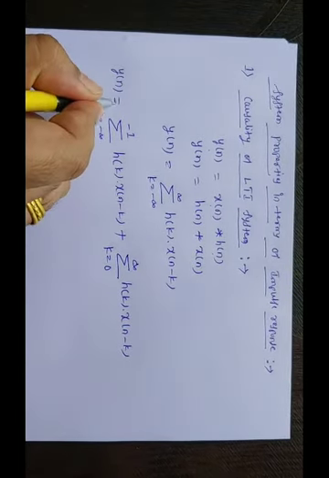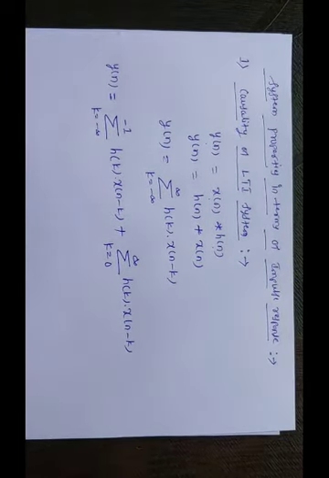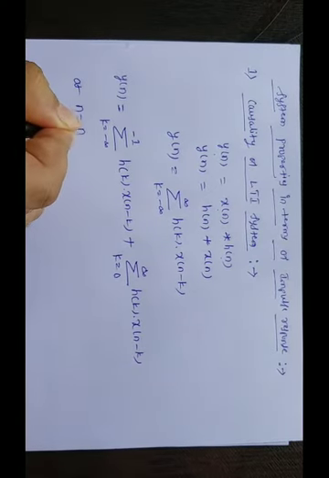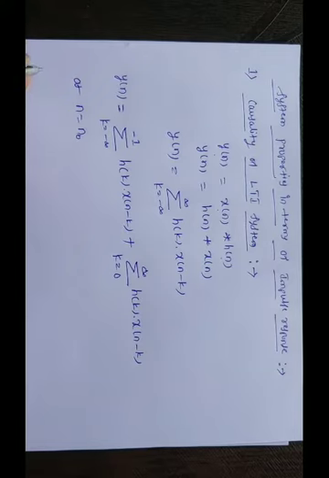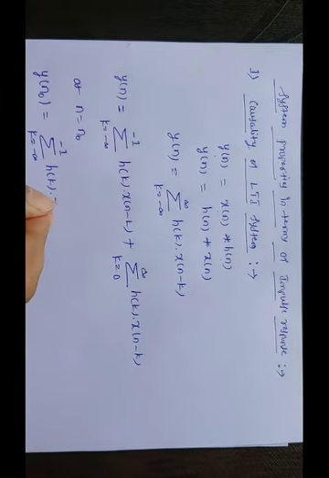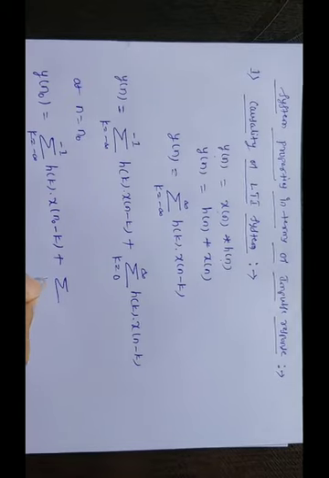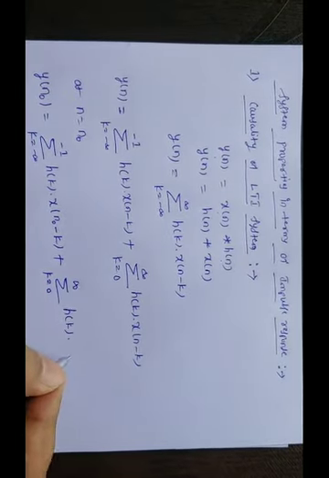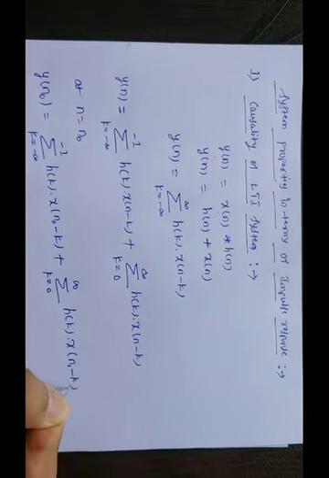Now look here. I am taking a particular case at n equal to n naught, some value. So the above equation becomes y of n naught equal to summation of k equal to minus infinity to minus 1, h of k x of n naught minus k, plus summation of k equal to 0 to infinity, h of k x of n naught minus k.